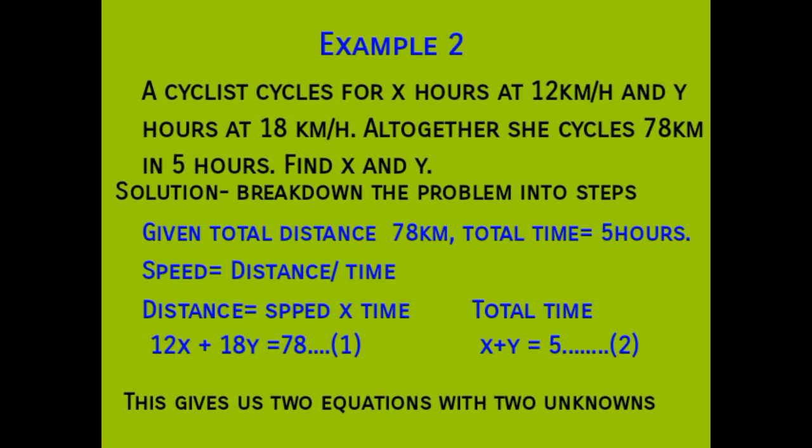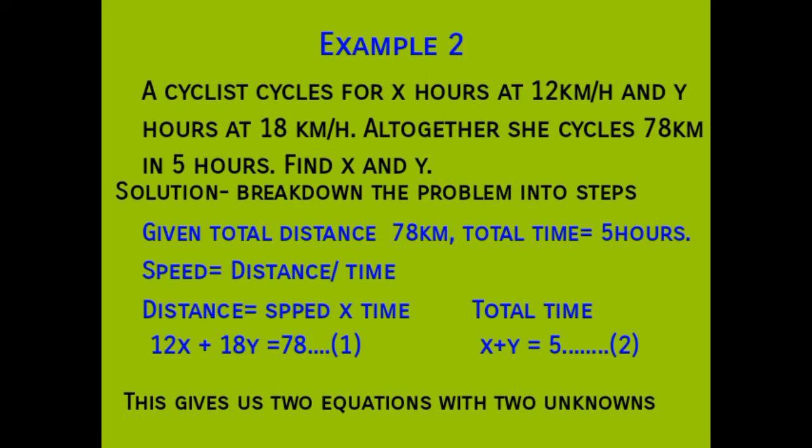We have statements that link us to total distance, which is 78 kilometers, and total time, which is 5 hours. So we make sure we relate the information given in the question to total distance and total time. We go back to our formula that says speed equals distance over time, and transform it to become distance equals speed times time.